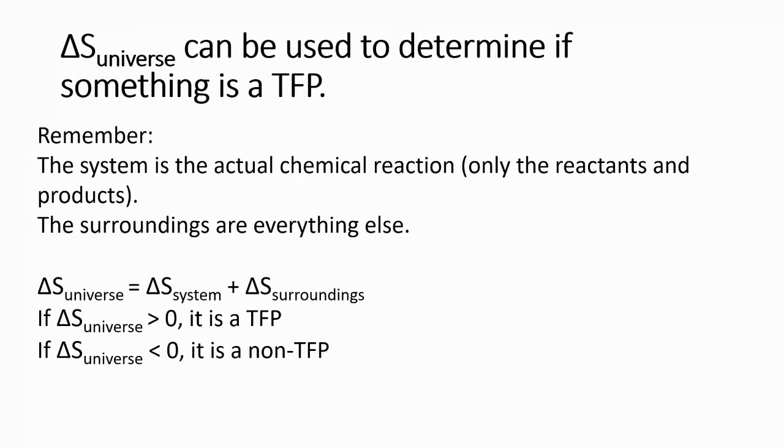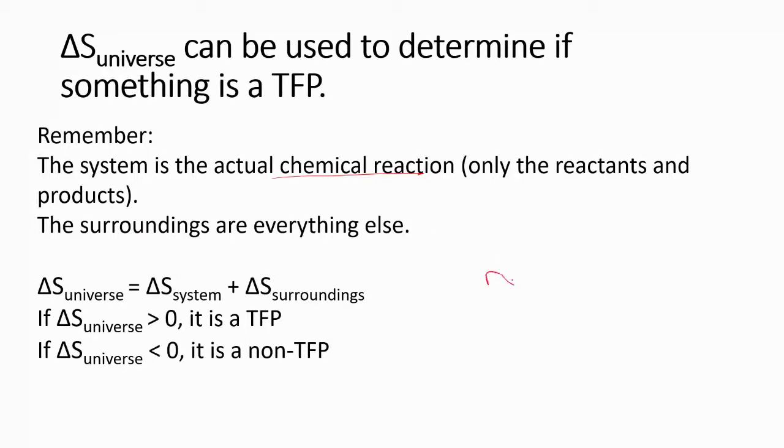So the delta S of the universe can be used to determine if something is thermodynamically favorable. So remember, the system is the actual chemical reaction, just the reactants and the products. It's not any intermediates. It's not any parts of those elementary steps that cancel out. It's just the reactants and the products. Our surroundings are everything else.